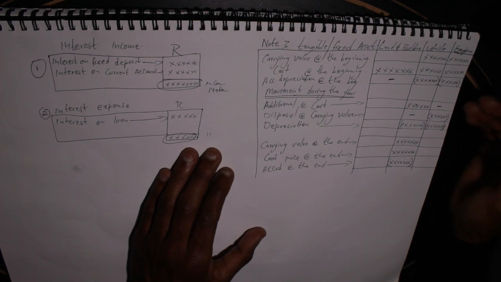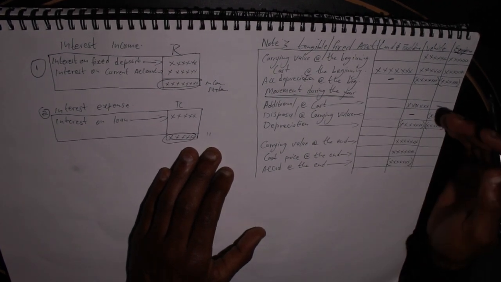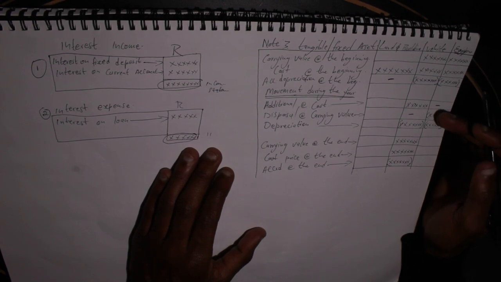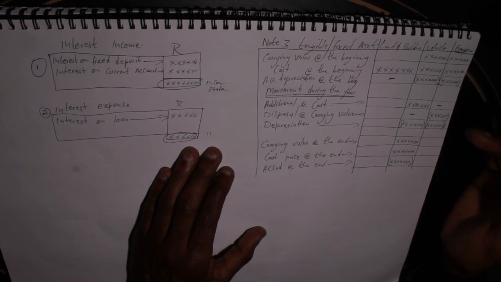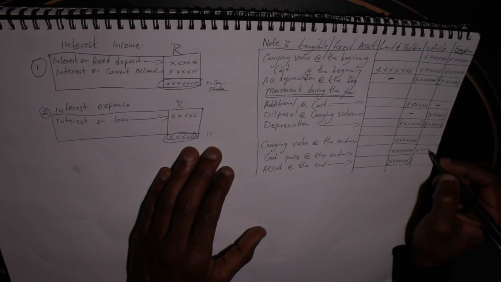So it is the cost price at the beginning, minus the disposal equipment or the equipment that we have sold, which will give the cost price at the end.